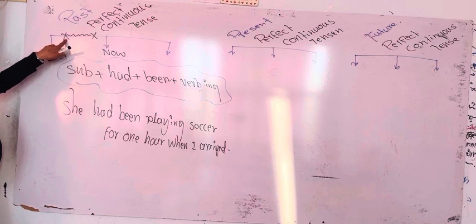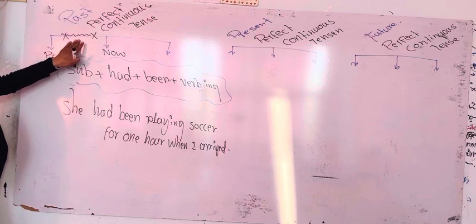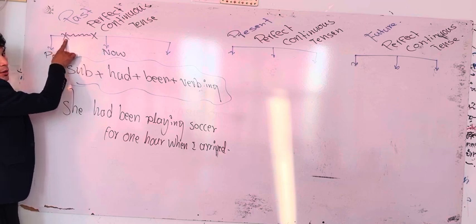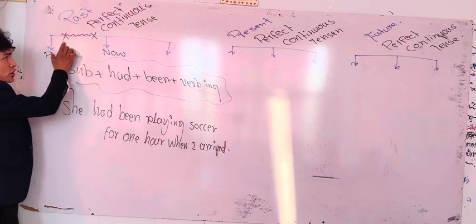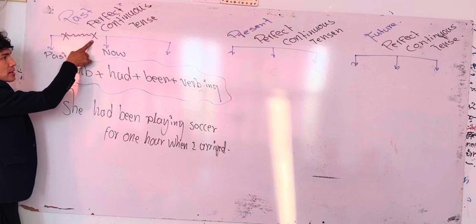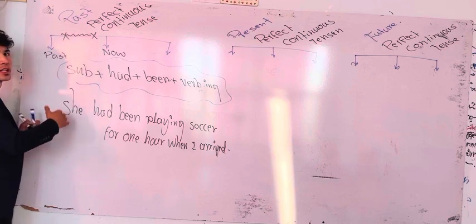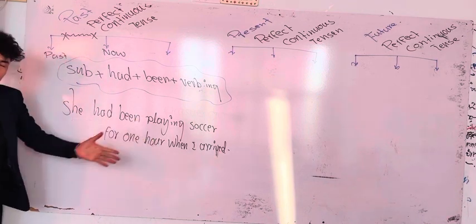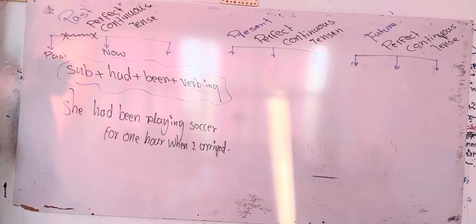She had been playing soccer here. It means when I arrived, one hour before my arrival, she started playing soccer, and until the time I arrived, she had been playing soccer. Did you understand? Now, look at this. How many actions do you see here? Two or one? Two. Okay, which one do you think is first?